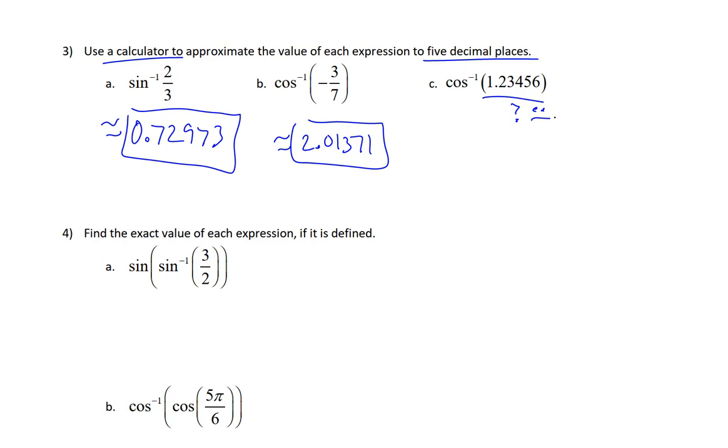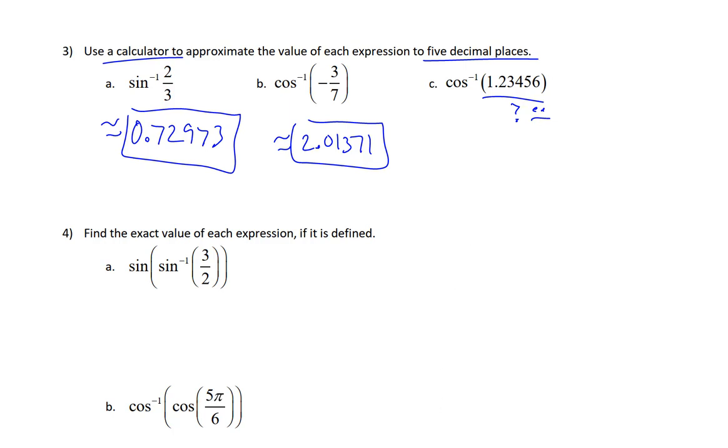That's not actually a valid input. So if you go back up and review the domain and range of cosine inverse, you'll recall the domain of it is restricted from -1 to +1, because that's the output restriction on the regular cosine function. So that's all tied together above.